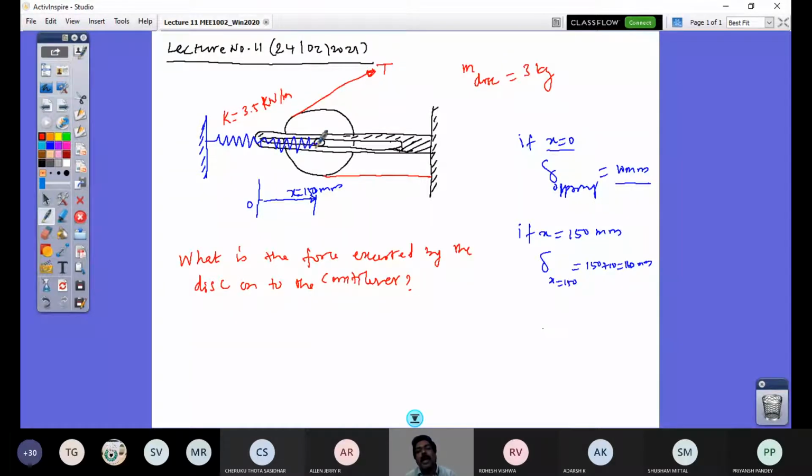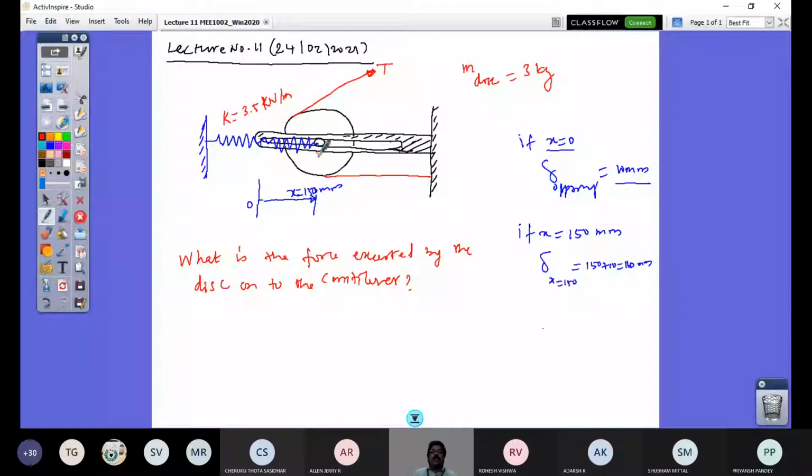When the spring is elongated, the spring force will try to pull the member connected at this end to the left, but it has been prevented by the cable holding here, and the weight of this disc acting on the cantilever and so on.